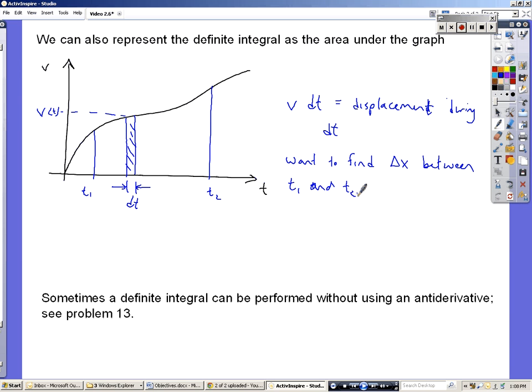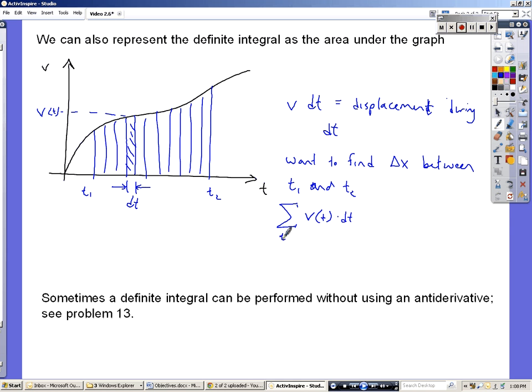what you have to do is break this area up into a bunch of little strips and add them all up. And so you do what we call a Riemann sum. You may have seen this before, where you do the sum of v of t times dt, summed from t1 to t2. I'm being kind of sloppy with the math notation here, but the idea is that we're summing up all those areas.